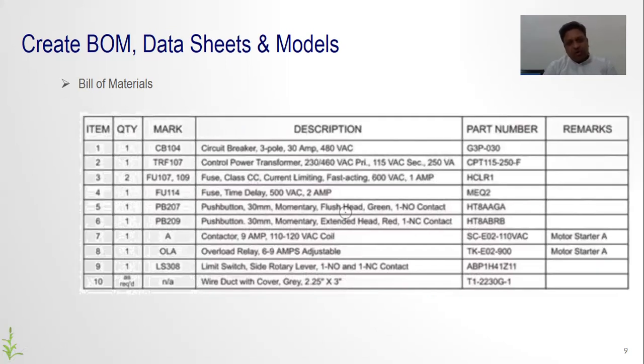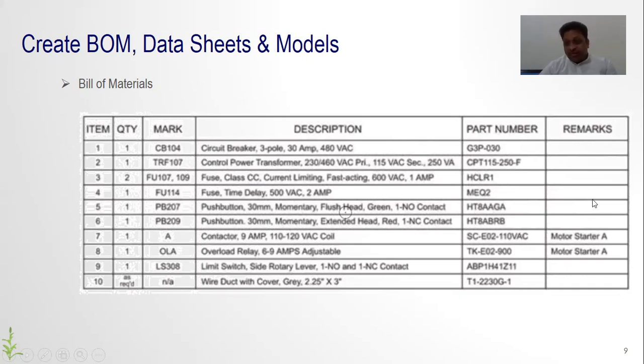Here is one example of a BOM. Here you see a serial number, that is a running serial number. This is the quantity required for 1 assembly. Then there is an identification mark, maybe some sort of code numbers, and these are the detailed descriptions of that part. Then each item has its part number, which is a unique identification.